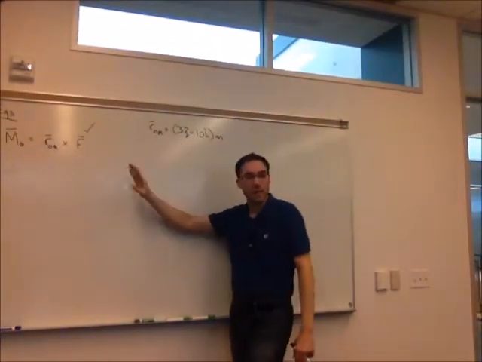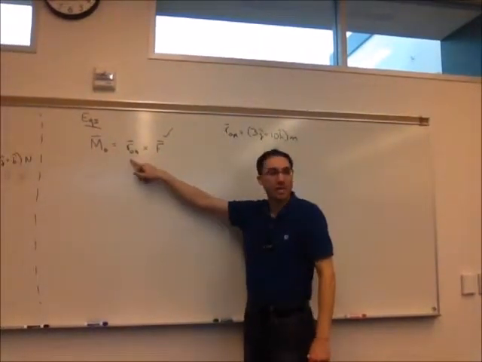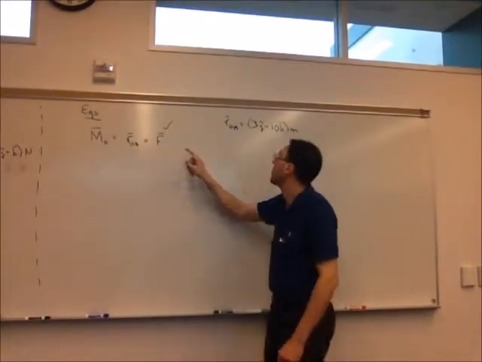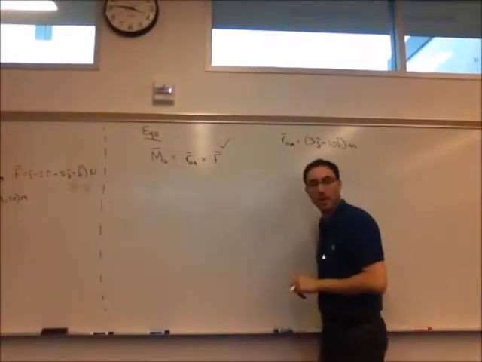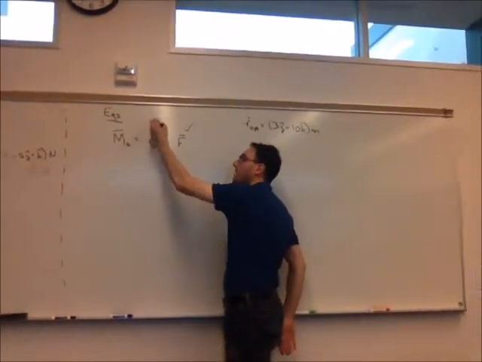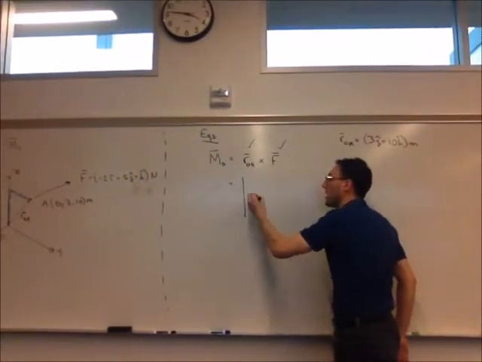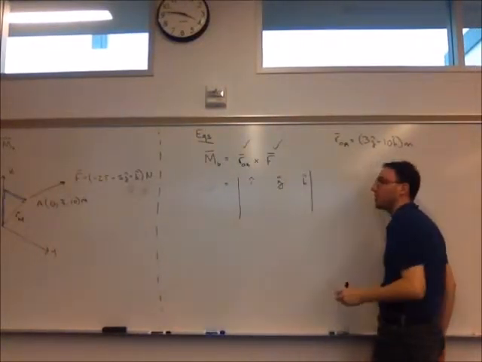And one thing to keep in mind, and I'll stress this in the next example too, this is a position vector, not a unit vector. So this will have units of meters with it. So it's position cross force. We have F in component form. We now have R in component form. So now we can write this cross product the way we did in chapter 2.